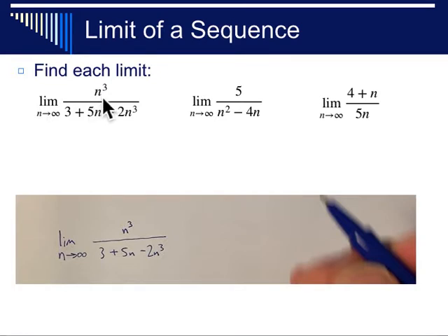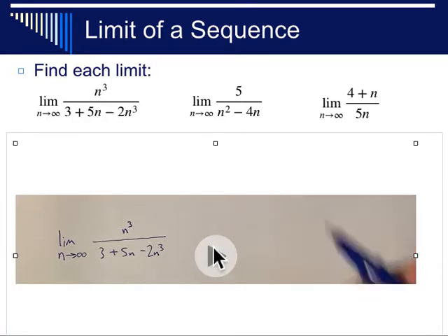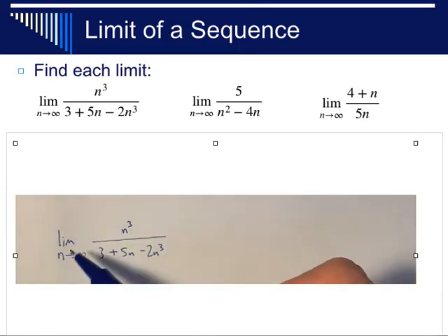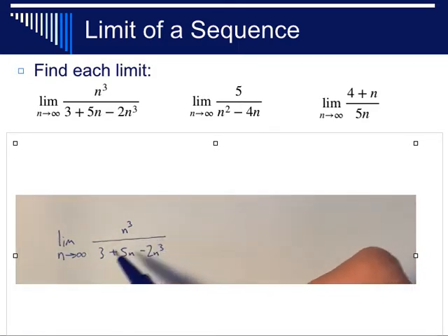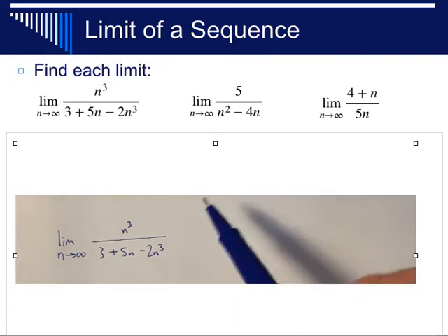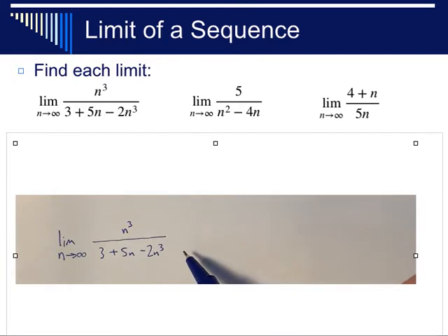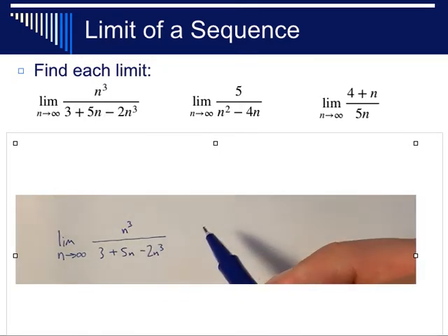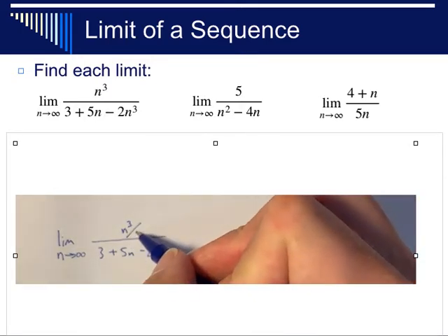n cubed over 3 plus 5n minus 2n cubed. In this example, we're taking the limit as n approaches infinity of n cubed over 3 plus 5n minus 2n cubed. And again, first thing I see is that the highest power is n cubed, and so I'm going to divide everything by n cubed.